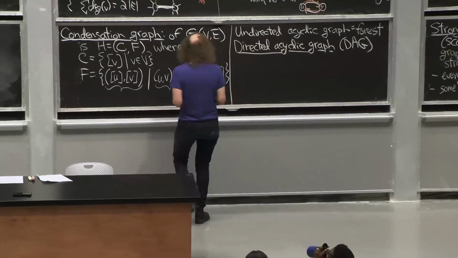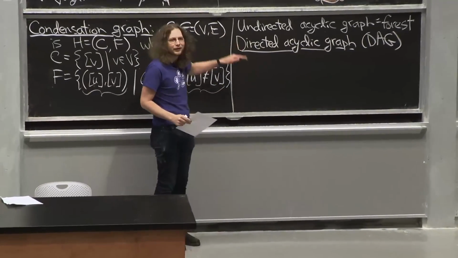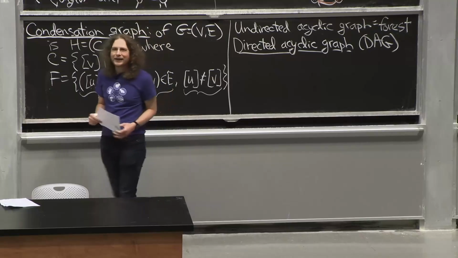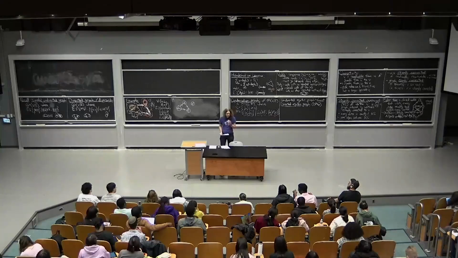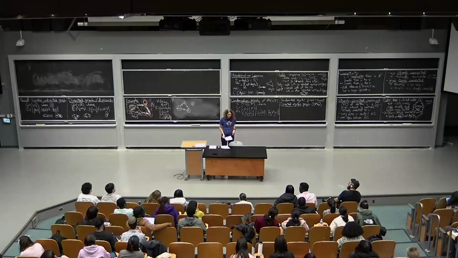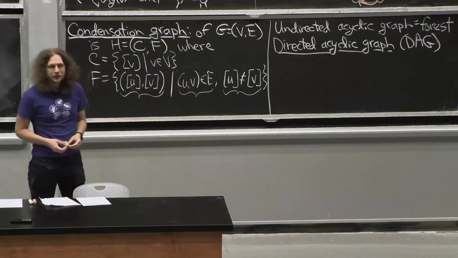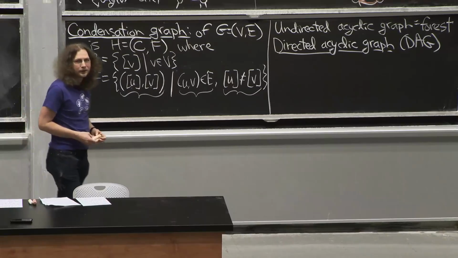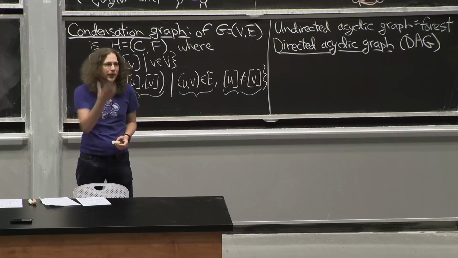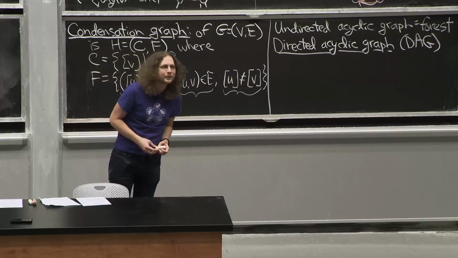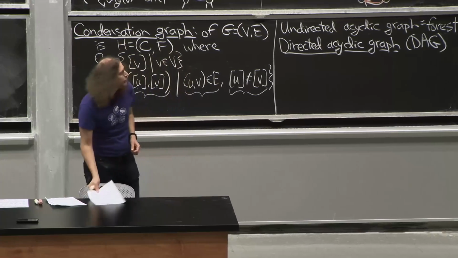All right, so what's an example of a directed acyclic graph? Have we seen any in this class? Yeah. A terminating state machine, yeah.